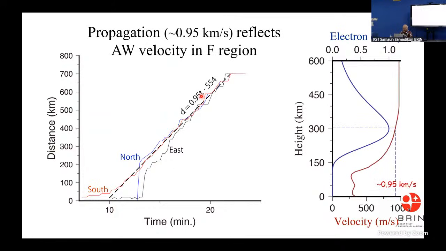And this velocity is about 0.95 kilometer per second. This is the sound speed at 300 kilometers, the peak of the electron density.